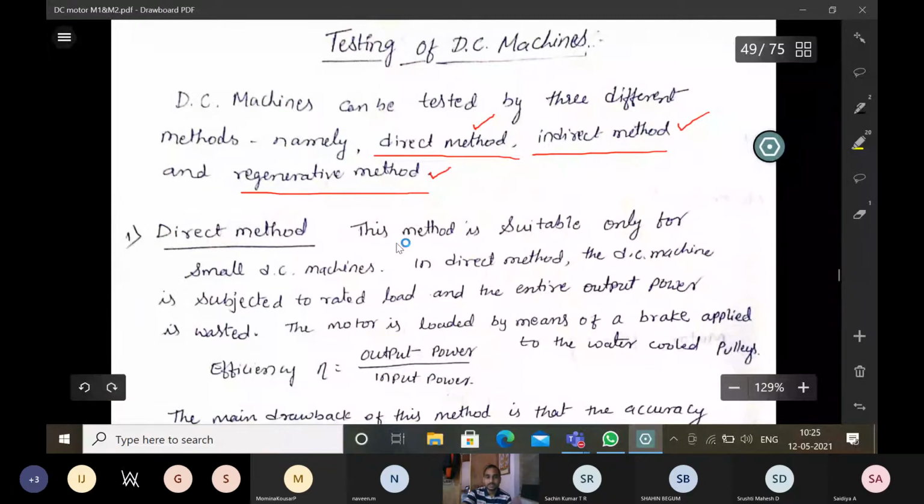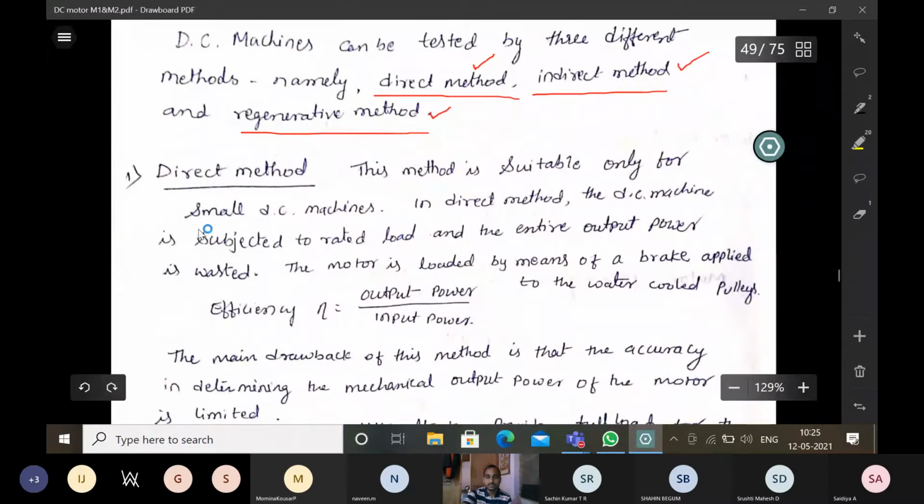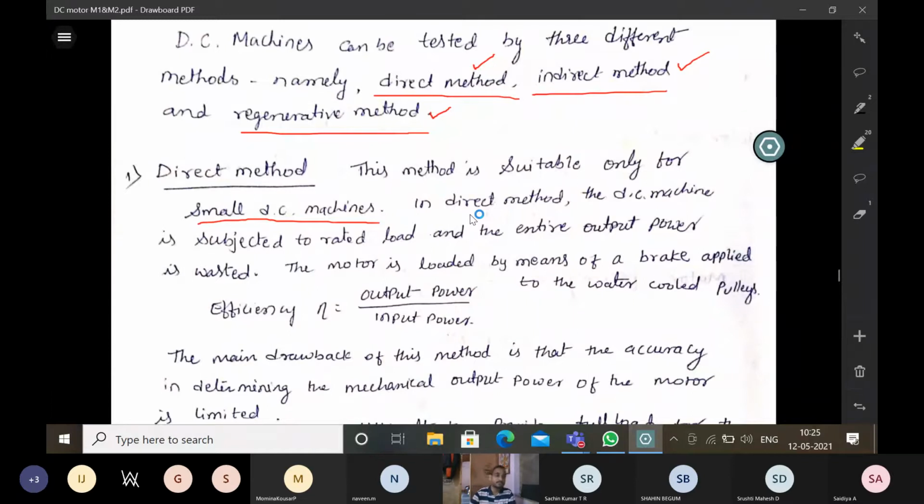Direct method is suitable only for small DC machines. What happens if you conduct a direct method on a large machine? The losses will be heavier, and so much power loss will happen only for testing purposes. Why would you make it a power loss? So this type of test is conducted for small DC machines, where the loss is very small and need not matter.